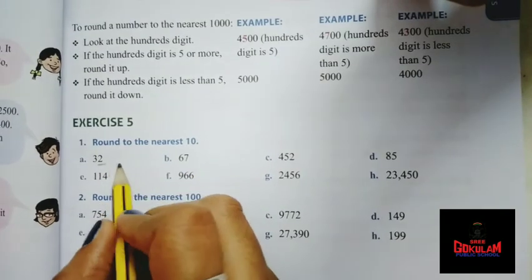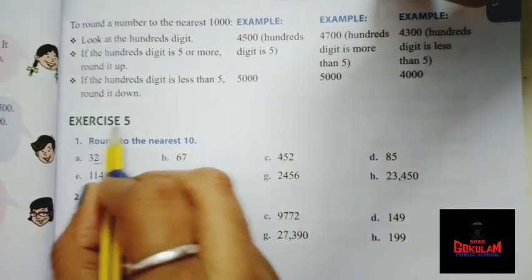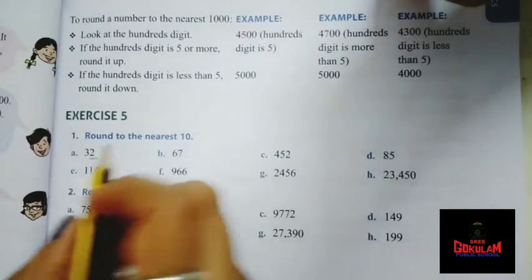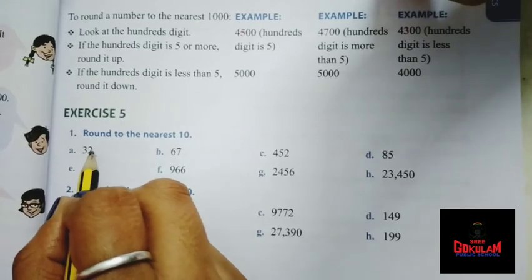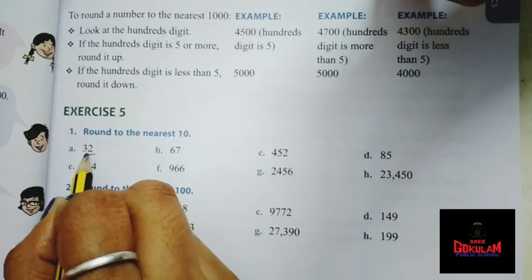Dear children, next we have to do some textbook exercise. Page number 11, exercise 5. First one, round to the nearest 10. Question A, 32. There is 30 in 32, and 2 is in the ones place.